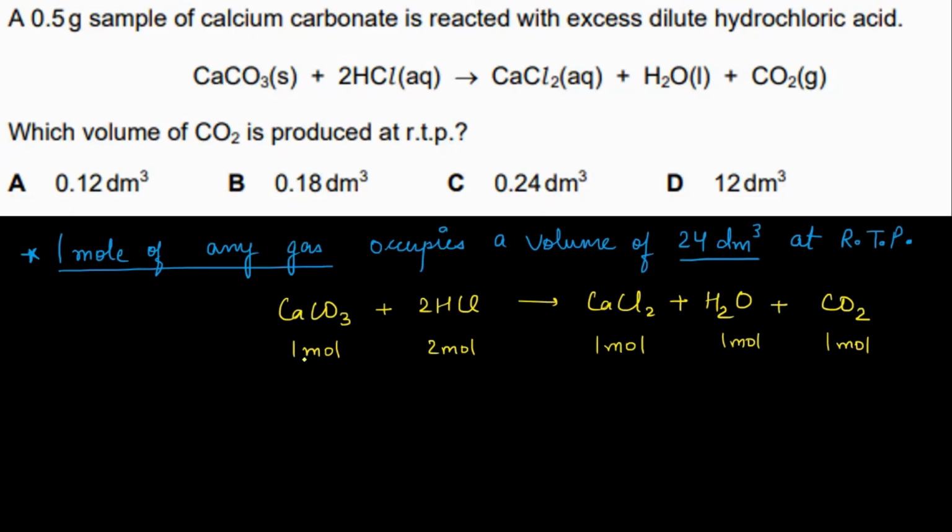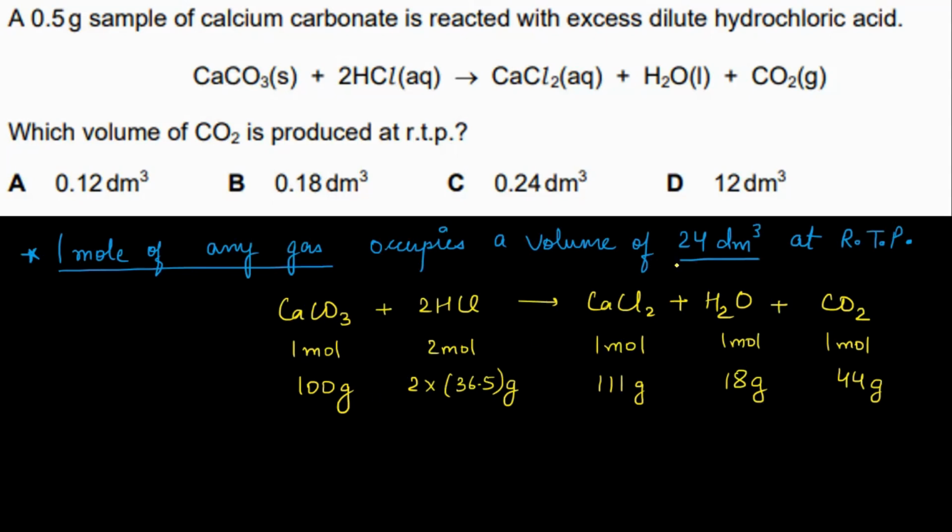To write the reference line, we should know the molecular masses. You can calculate the molecular masses. The periodic table is already given to you in the paper. So this is 100 grams. This is 2 into 36.5 grams. This is 111 grams. This is 18 grams. And this is 44 grams.